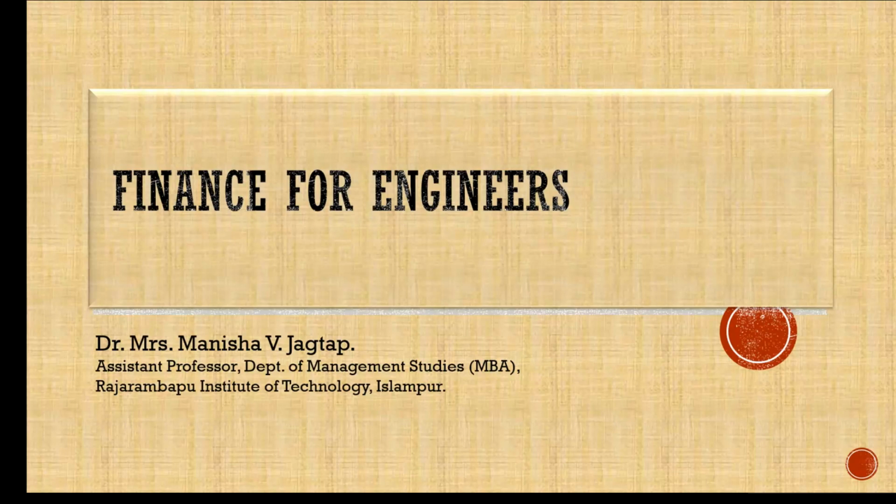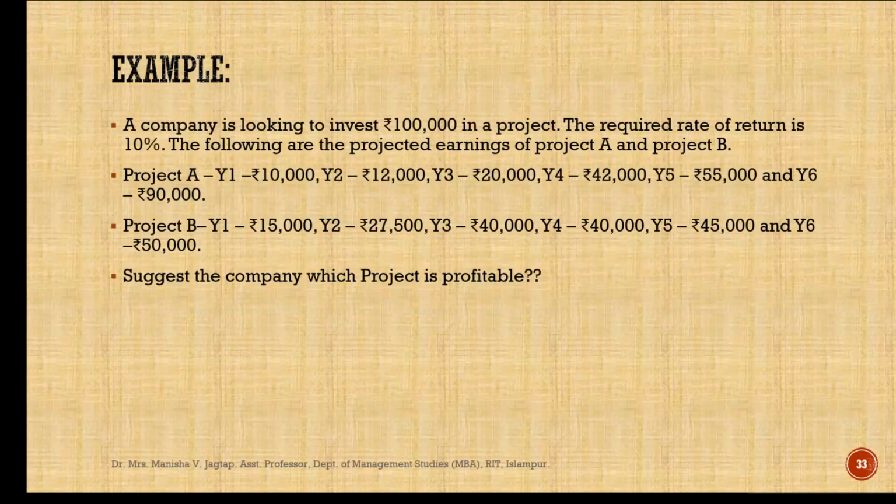Let us see an example which will help us to understand the difference between the results we derive without application of time value of money and by application of time value of money. So this is an example in front of you.